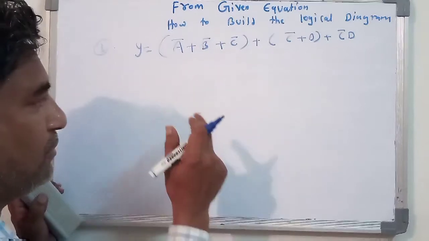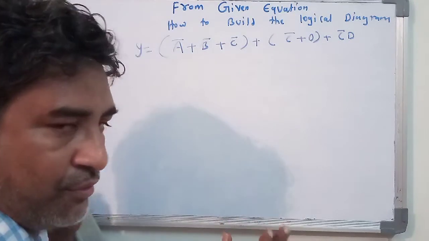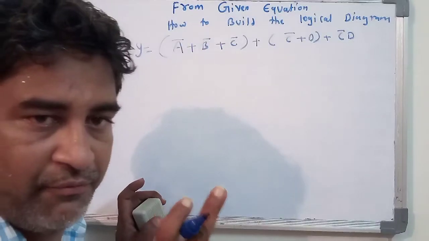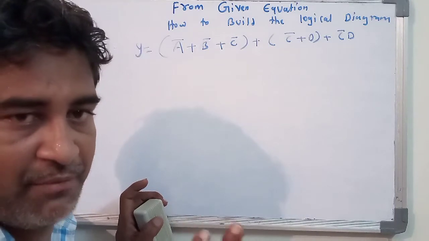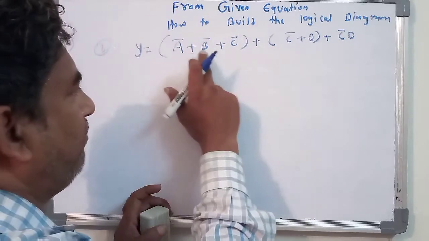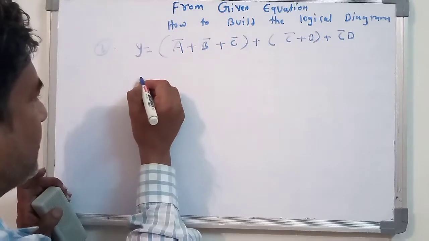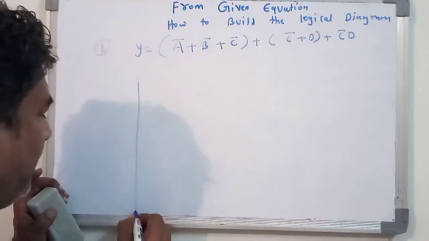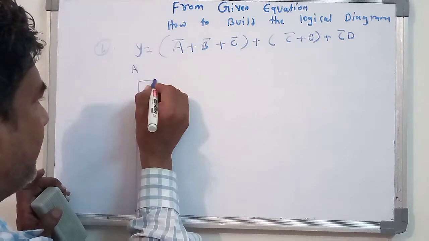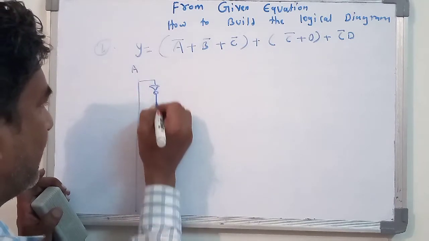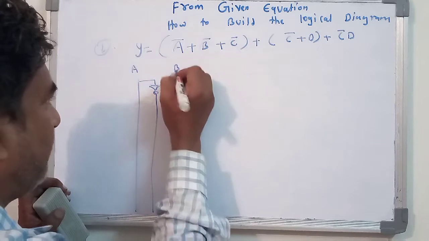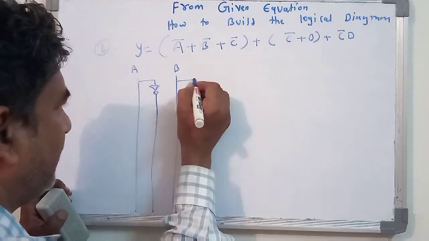So what you have to do, you have to draw the variables first. How many variables are there? A, B, C, and this one is D. So you draw the first variable A, and you connect an inverter like this. Then B, again you connect the inverter.